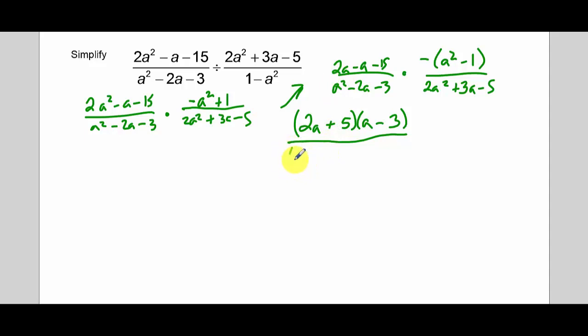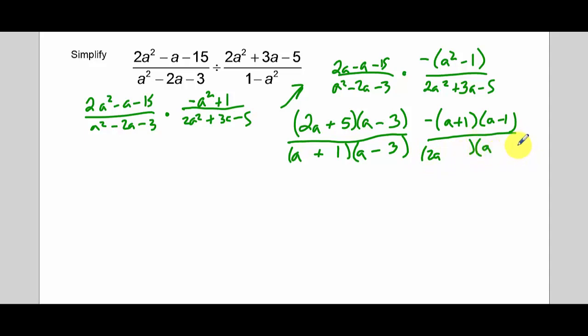In the bottom, two things that multiply to negative 3 and add to negative 2. That's a 3 and a 1, 3 being negative, the 1 being positive. Notice I have my negative. Perfect squares, a plus 1, a minus 1, over, again, I'll use a 2a and an a.